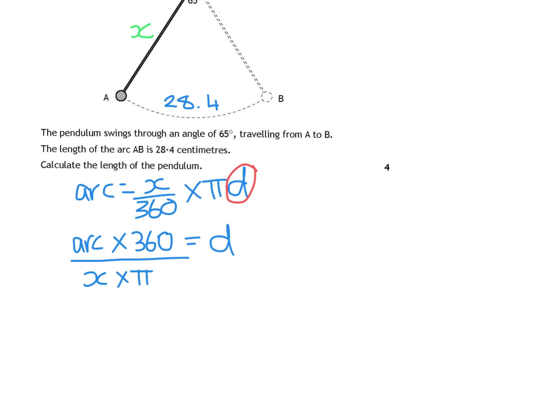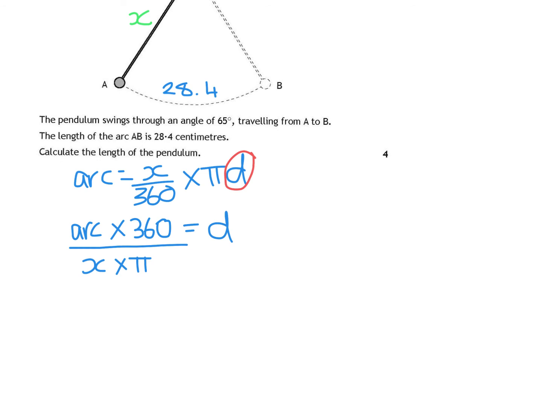Now if I go do my substitution, I have diameter equals 28.4 times 360 all over pi times, oh, I've put my pi and my x the wrong way around there. Doesn't really matter, but just to keep my working right, it would be 65 for my angle times pi.